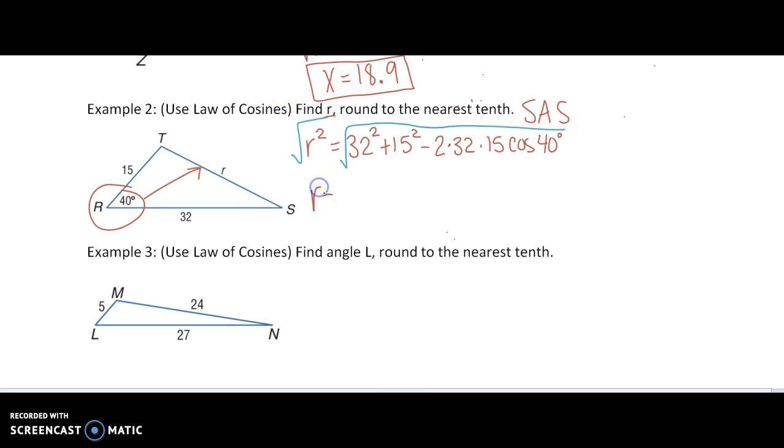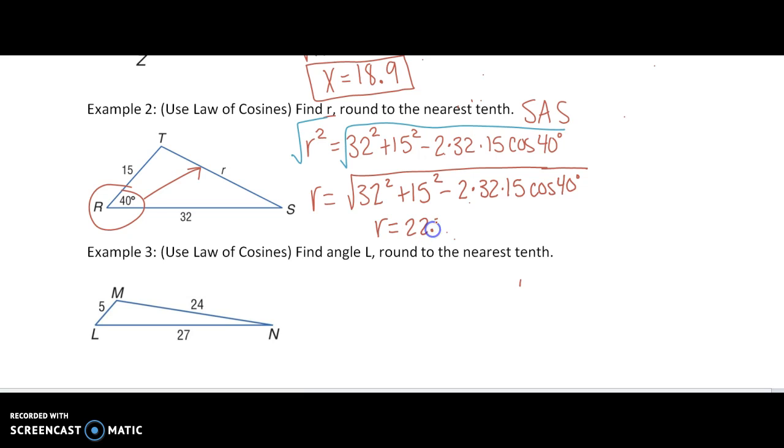And so I'm left with r equaling the square root of 32 squared plus 15 squared minus 2 times 32 times 15 times the cosine of 40 degrees. All of that is underneath that square root. Type that in your calculator, and you should get 22.7.